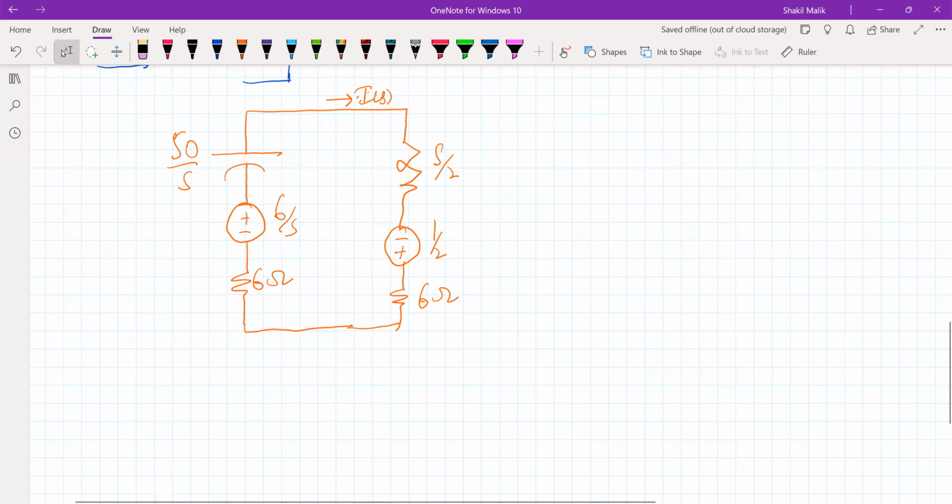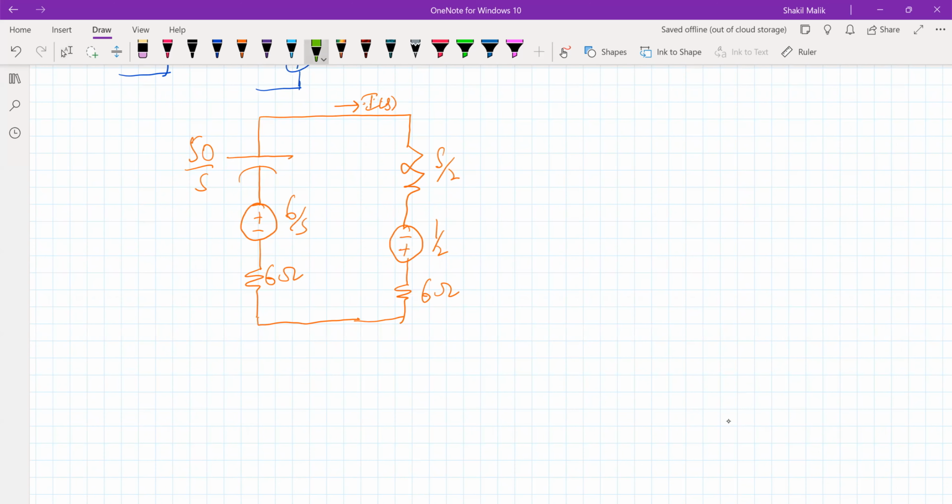So again, writing the KVL for this. It will be 6 I of S minus 6 by S plus 50 by S times I of S. KVL means the sum of the voltage drops will be equal to 0.